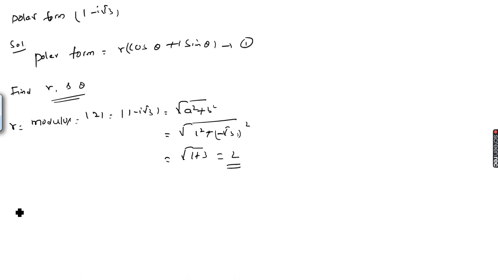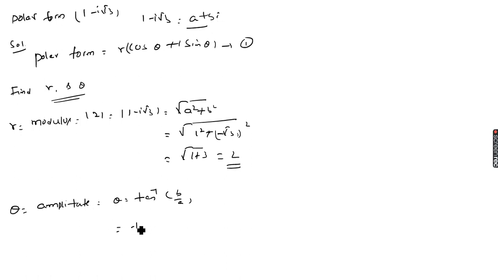And next, theta is nothing but the amplitude, that is theta equal to tan inverse of b by a. Here 1 minus i root 3 is compared to the a plus bi form.